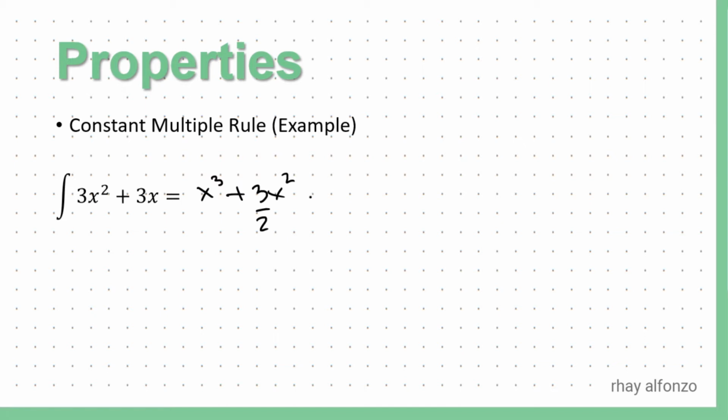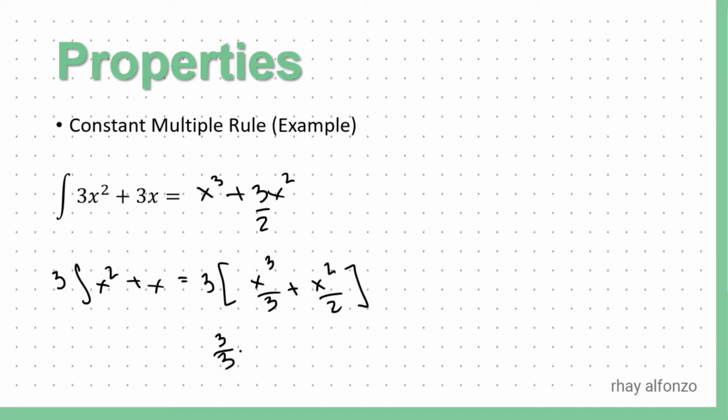So what happens if we bring out 3? We will get 3 times the integral of x squared plus x. Integrating this gives us 3 times x cubed over 3 plus x squared over 2. So distributing 3, we get 3 over 3 x cubed plus 3 halves x squared.